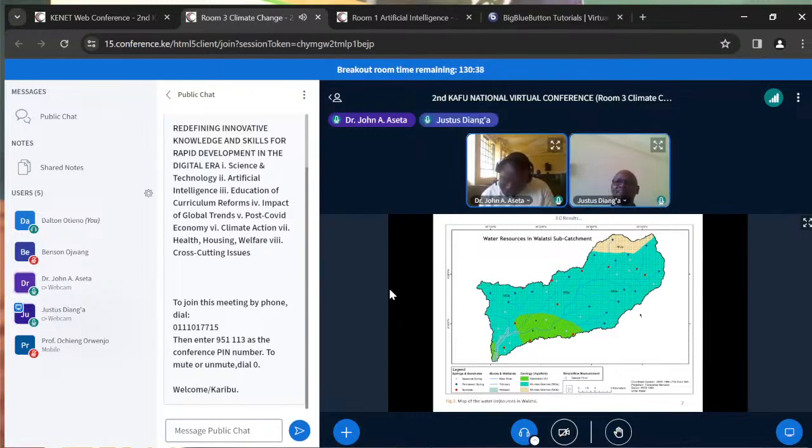The supply: we have the river network, and we have some tributaries that are seasonal. The seasonality of the tributaries is because of where they are located; they are receiving low rain for that region. We have demonstrated another map of the rainfall distribution in the catchment.